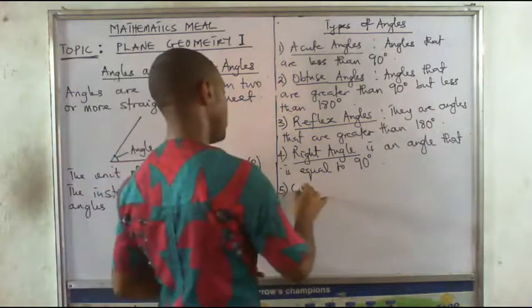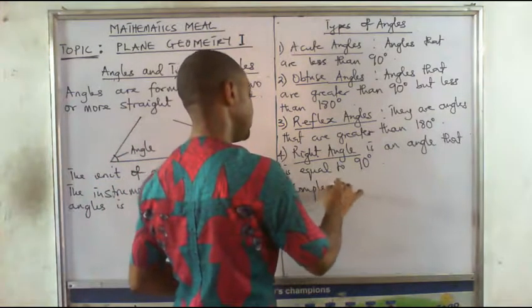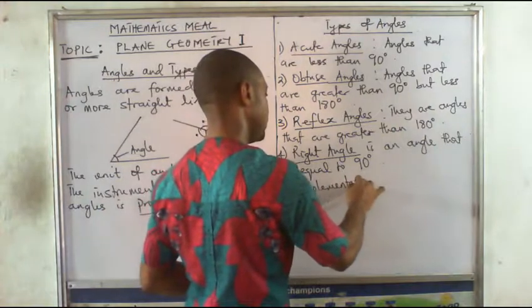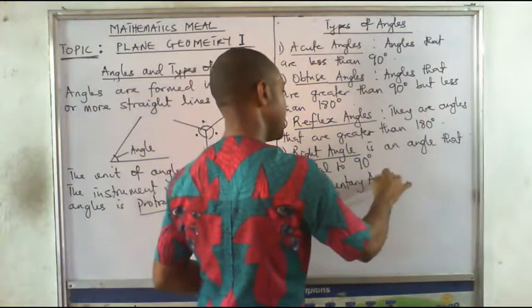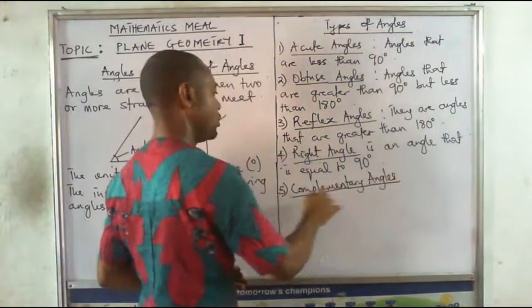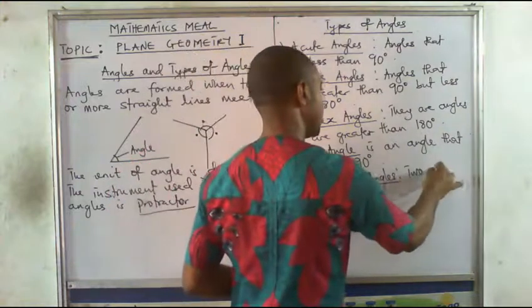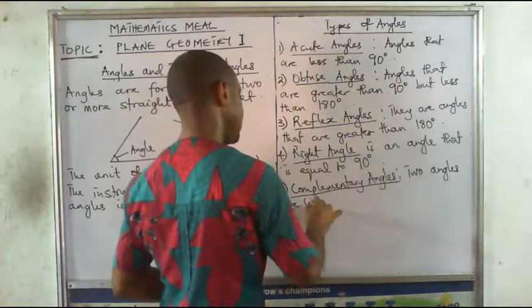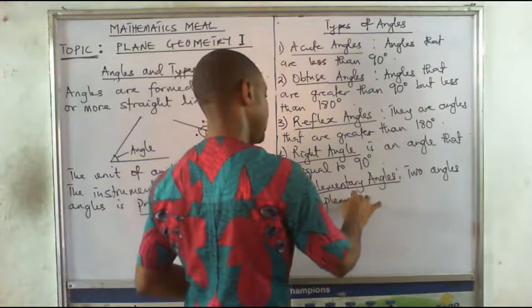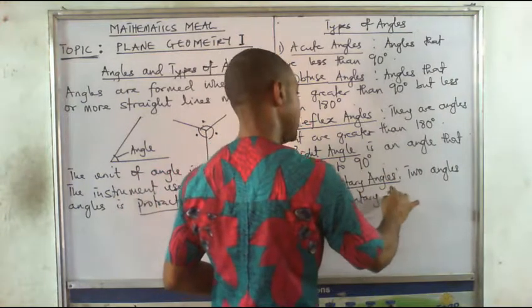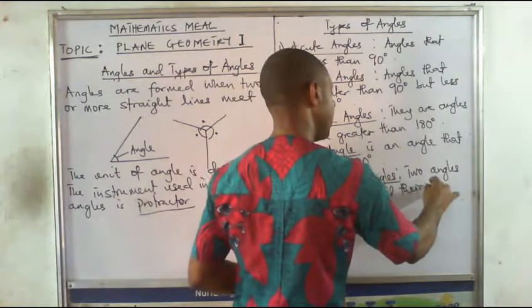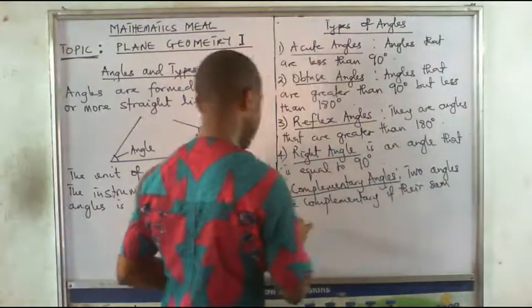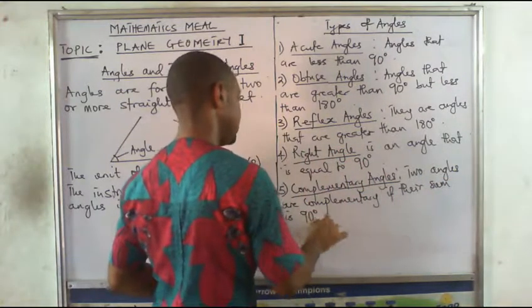Then we talk about complementary angles. So two angles are complementary if their sum is 90 degrees.